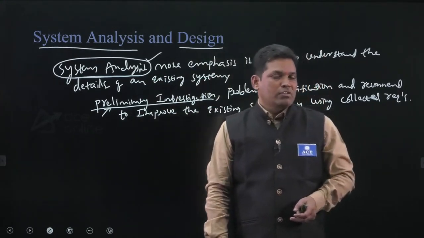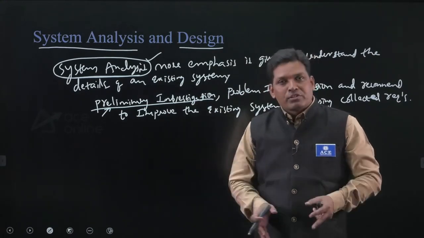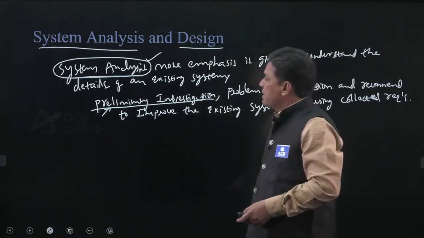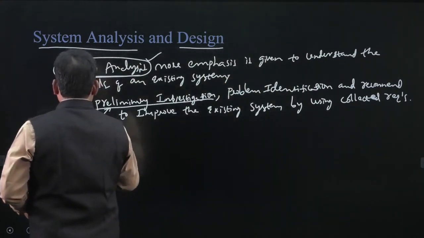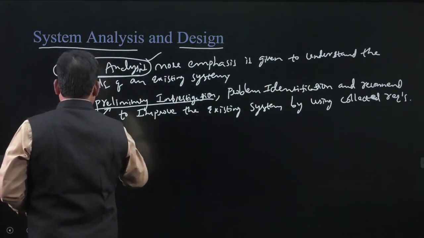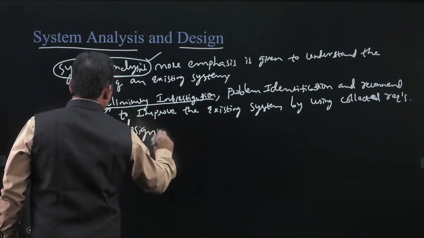So in this system analysis, the preliminary investigation process will take place. That is the importance of system analysis. Next, coming to system design. What is the importance of system design?